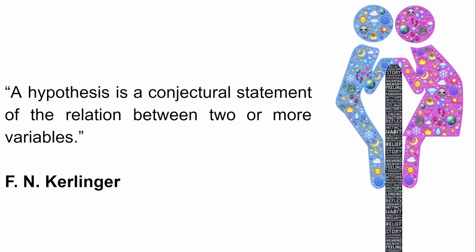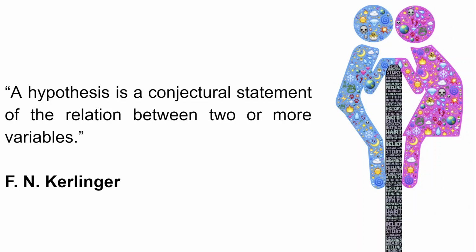F. N. Kerlinger defines hypothesis like: a hypothesis is a conjectural statement of the relation between two or more variables. Here he focuses on the relationship between two or more variables, which is a hypothetical statement only. So ultimately, we need to prove this, as this is a hypothetical statement.